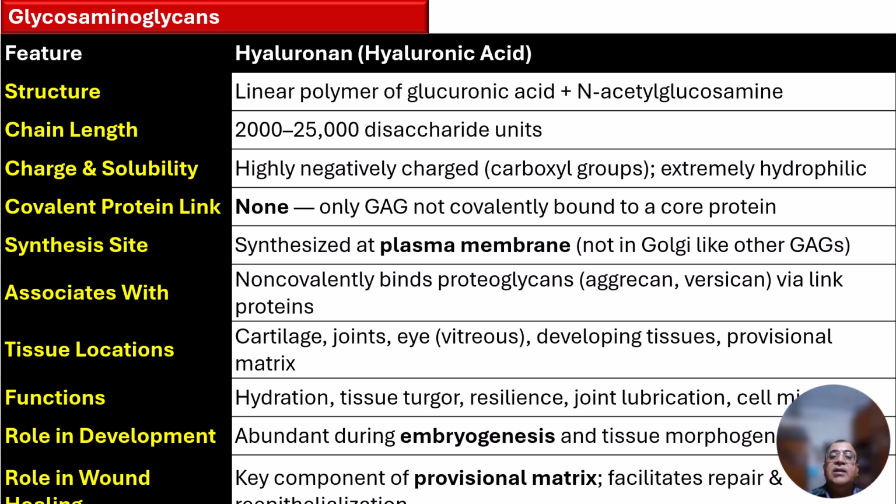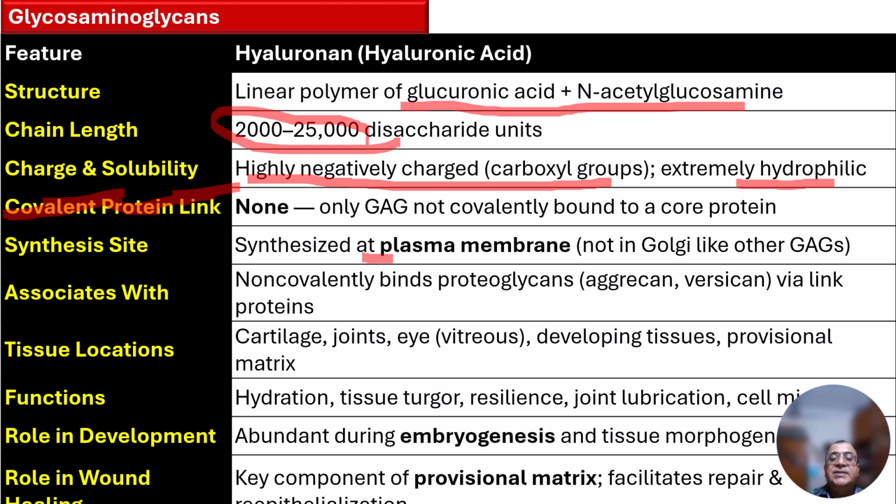It is a linear polymer of glucuronic acid and N-acetyl glucosamine, and there are about 2,000 to 25,000 disaccharide units in its chain. They are highly negatively charged due to the presence of carboxyl groups and extremely hydrophilic. There is no covalent protein link.